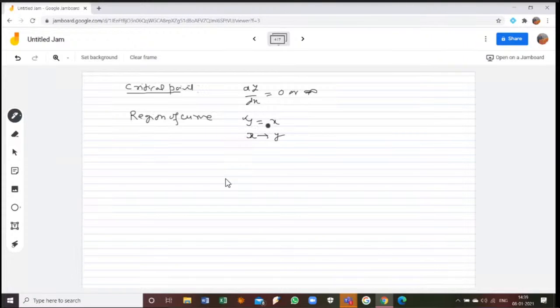It means that no part of the curve will lie after the point x is equal to a or y is equal to a, whatever it may come. So you can decide the region in which the curve lies. In between, the curve will be there. After getting all these things, you can trace the curve.